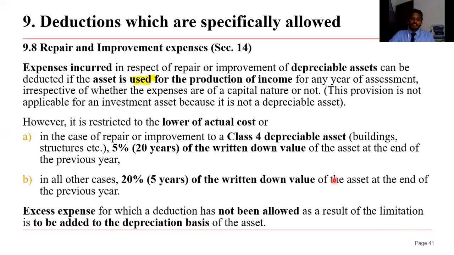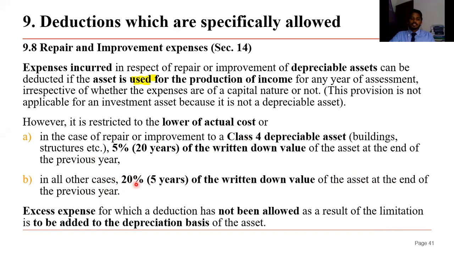Right. Here we discussed all other cases, not the repair and improvement expenses for class 4 assets. Here we discussed the example of 5 years, 20% of the WDV of the asset at the end of the previous year. In the exam, they have to give the previous year WDV.